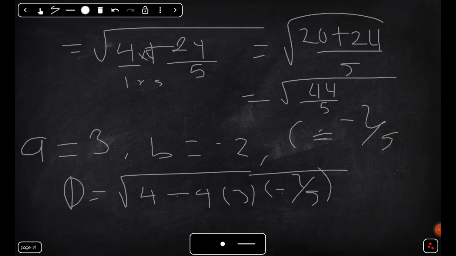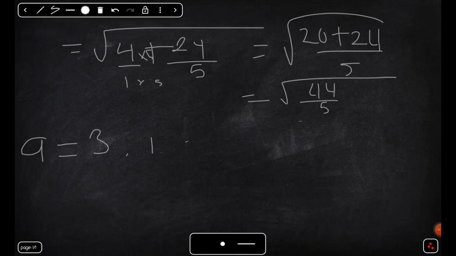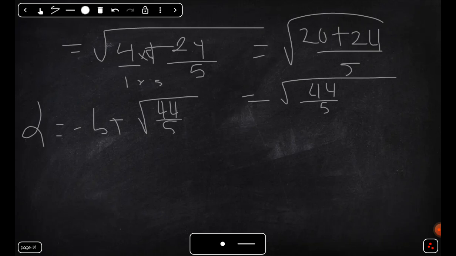So having this to be the root of 44 over 5, we notice that we are going to obtain irrational and distinct roots. So how is it going to be irrational and distinct roots? We end up substituting it into the expression, or maybe like I did earlier, let's find it separately for alpha and beta. And so alpha is minus b plus what we got, that is the root of 44 over 5, over 2a, where minus b, we obtain b from the equation to be minus 2, so that's positive 2 now.